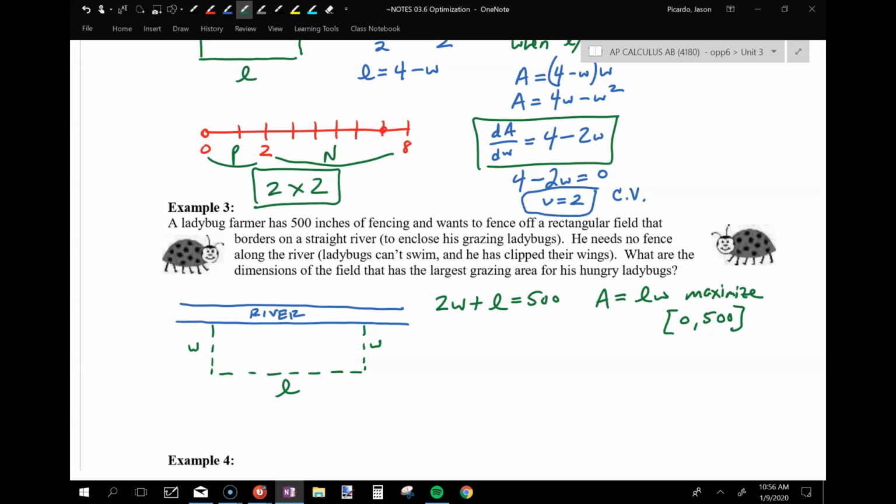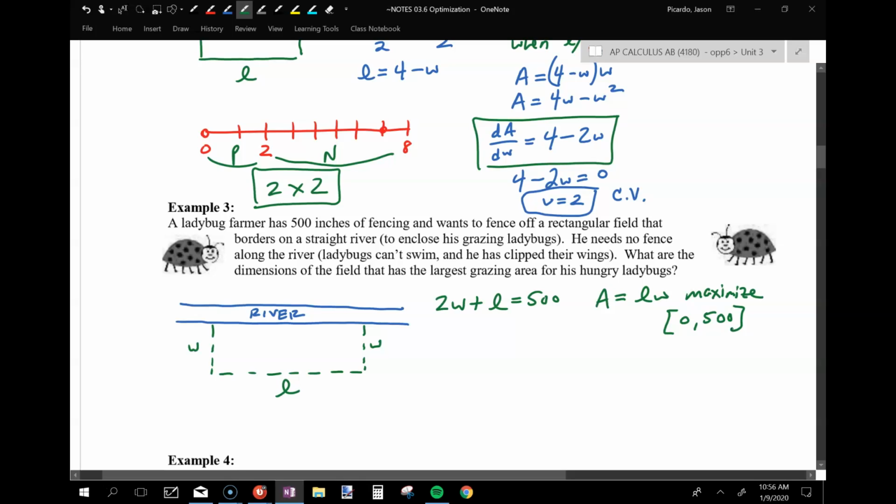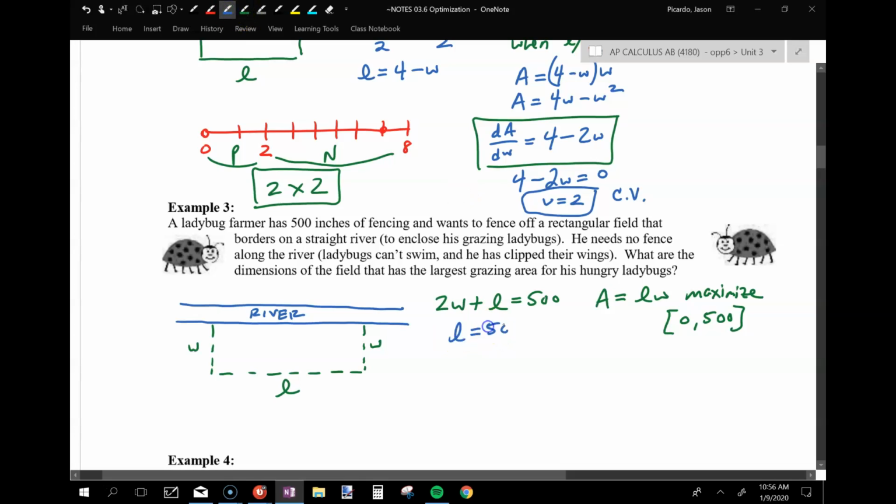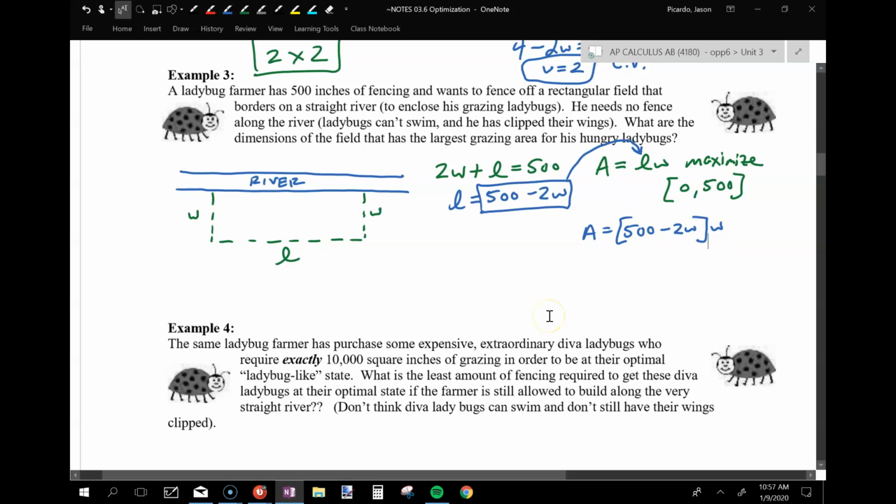So very similar to the last couple of examples, I'm going to solve for one of the variables and plug it into my area formula, right? What are you going to solve for? Very good. So L equals 500 minus 2W. We're going to take that and plug it in. And that's what we want to differentiate, and that's what we want to maximize, right?